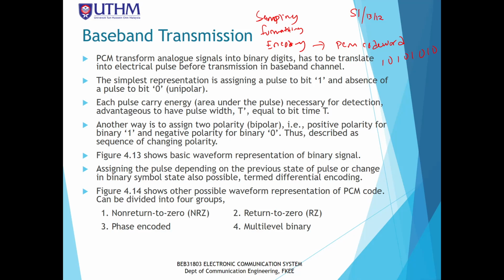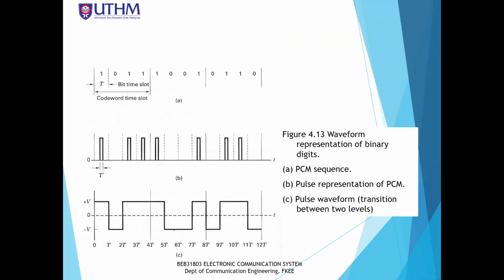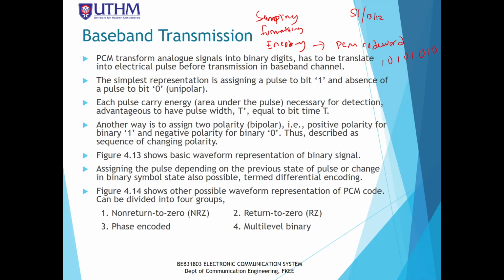There are two main types of line coding, whether it is return to zero or non-return to zero volt.